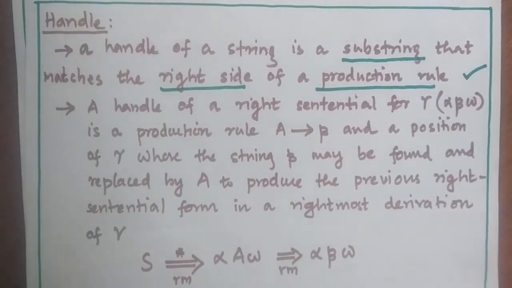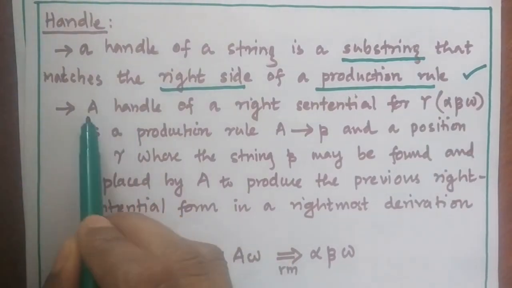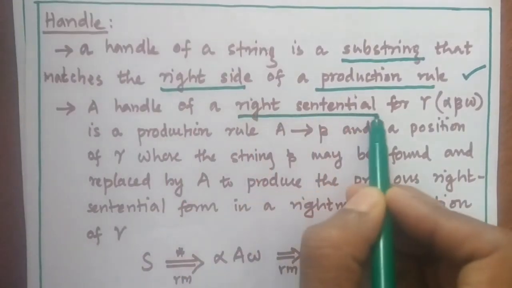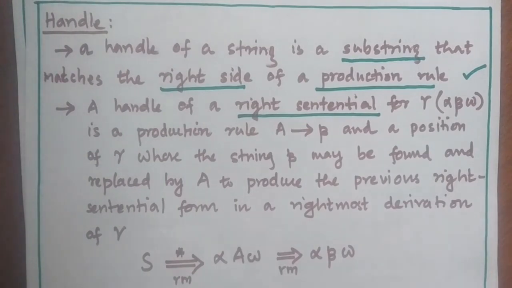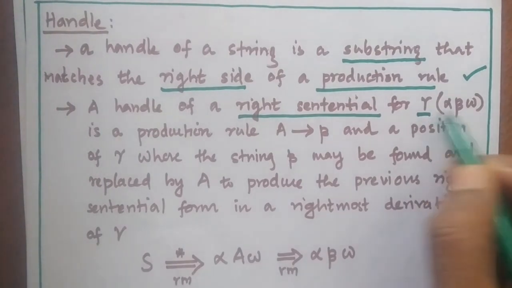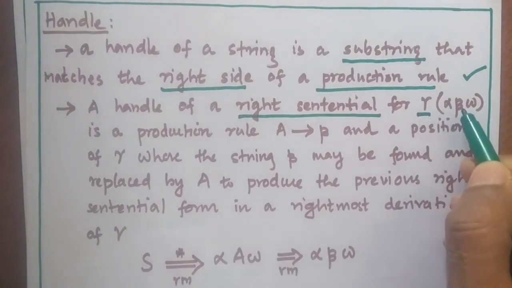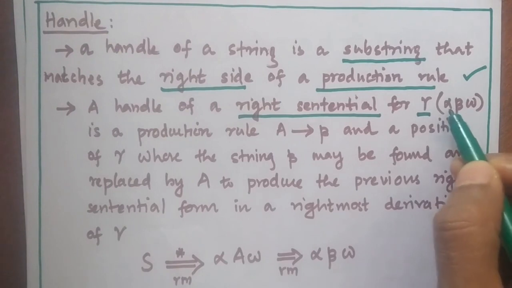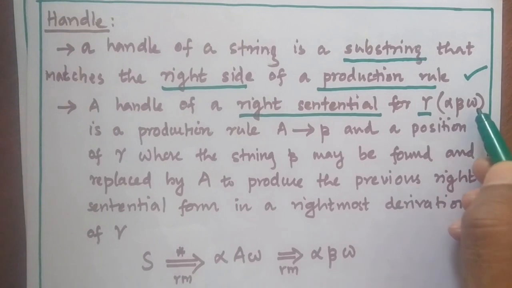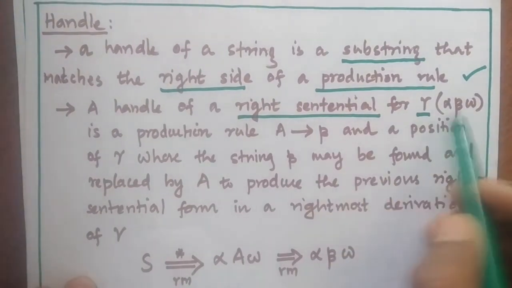And what is the formal definition of a handle? Let us see. A handle of a right sentential form, we know what a right sentential form is, we will denote it as gamma. Usually that right sentential form we can represent as alpha, beta, omega, where alpha and beta are strings of grammar symbols, and omega is a string formed by terminal symbols.